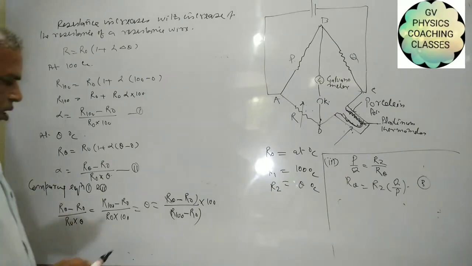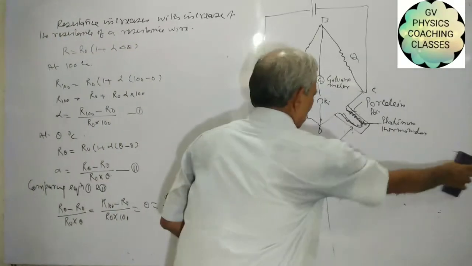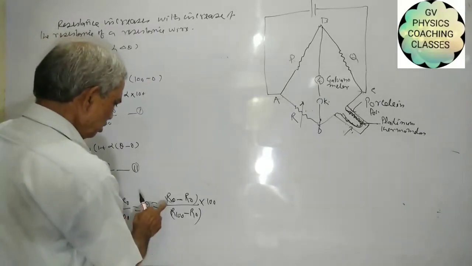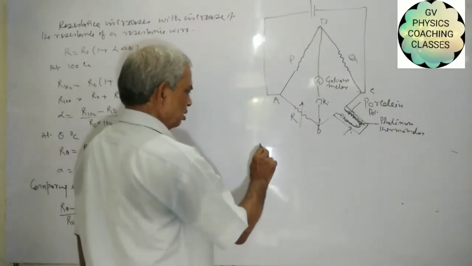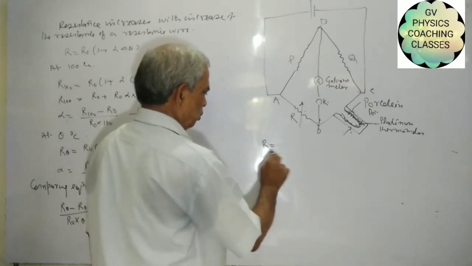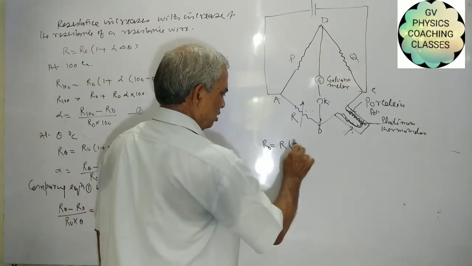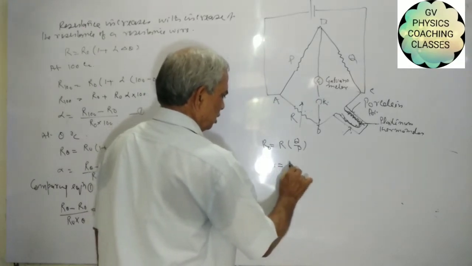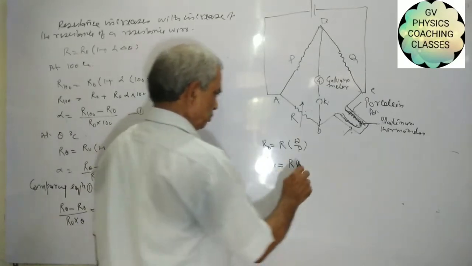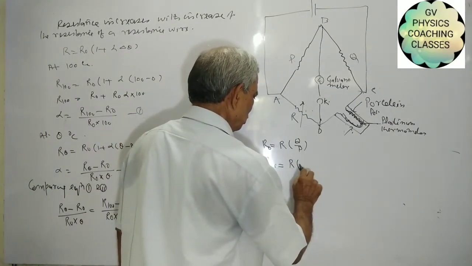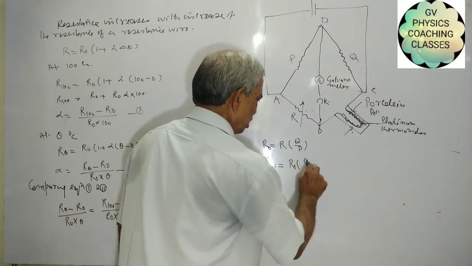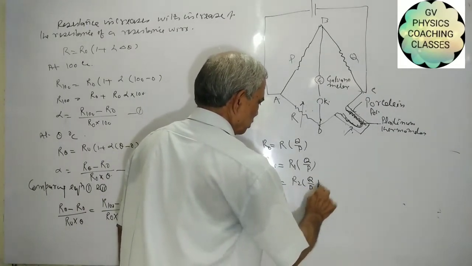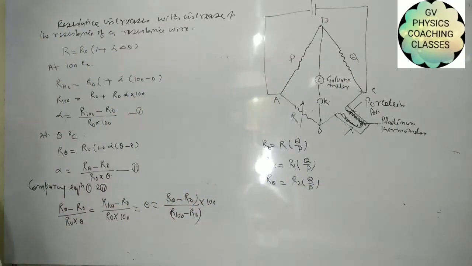Now, from the equations, R naught equals R Q upon P, R100 equals R1 Q upon P, and R theta equals R2 Q upon P. These equations we have already calculated.